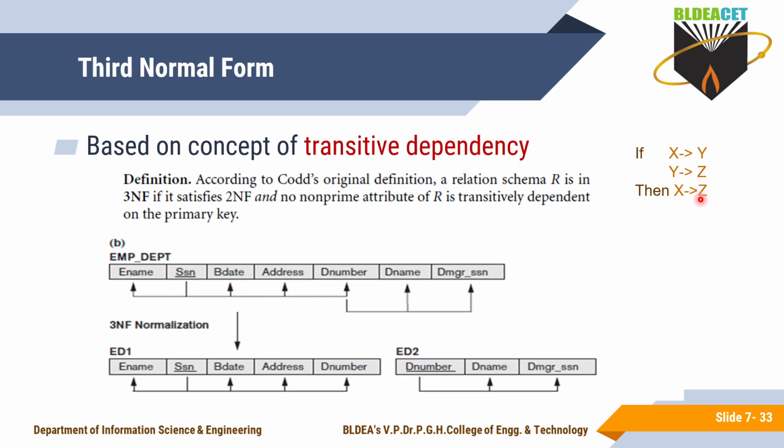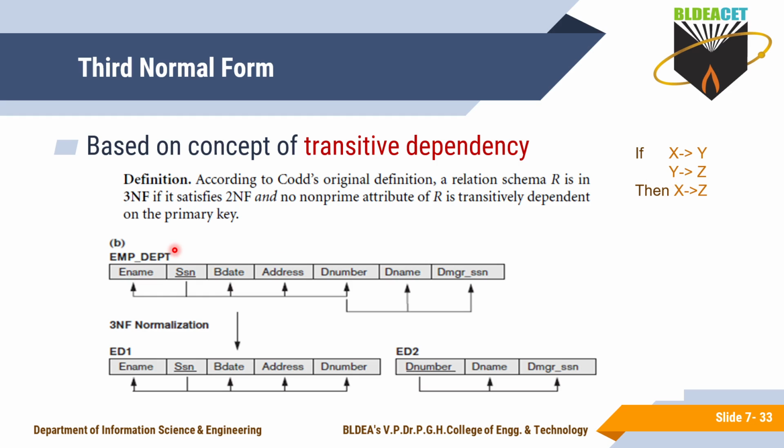If it is not a prime attribute, then it is not in the third normal form. After applying the transitive rules, you are saying that Z depends on X. If Z is not a prime attribute, then you can tell that it is not in the third normal form. Third normal form tells that a transitive dependency holds only if Z is a prime attribute and this Z is fully functionally dependent on X. If that is there, then only it works.